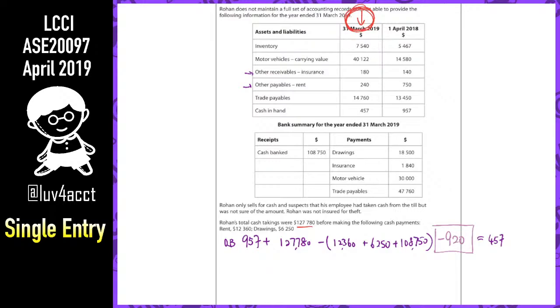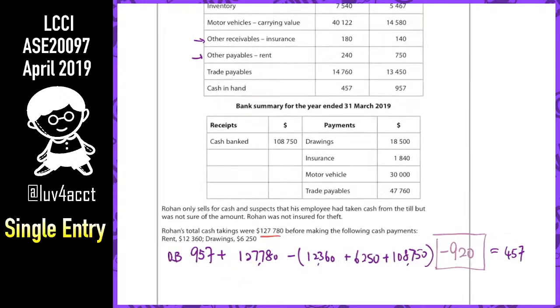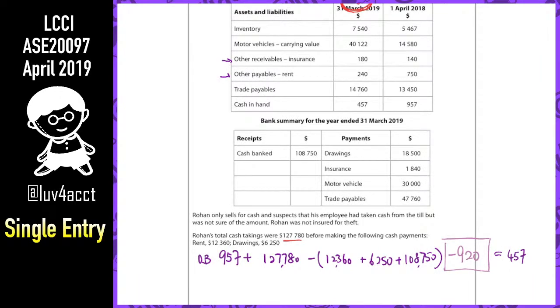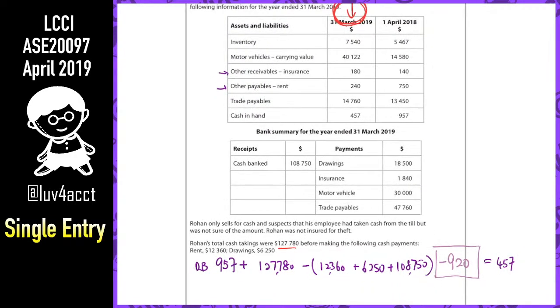So dangerous. Okay, so let me write again. Insurance, it is other receivables, so it is prepayment. We have to add opening balance less closing balance. Okay, so 1840 plus 140 minus 180. Okay, so 1800. Okay, this one.